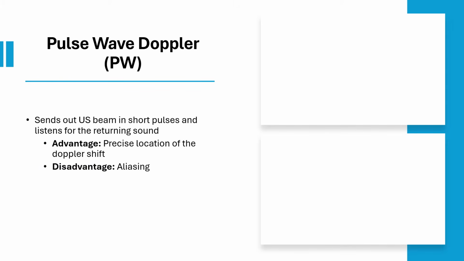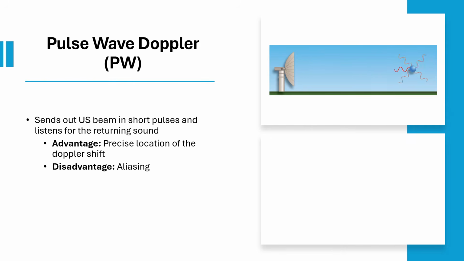So first, let's talk about the pulse wave Doppler, or PWD. In this modality, the ultrasound machine sends out a beam in short pulses and listens for the returning sound. The advantage includes an ability to precisely locate the origin of the Doppler shift.